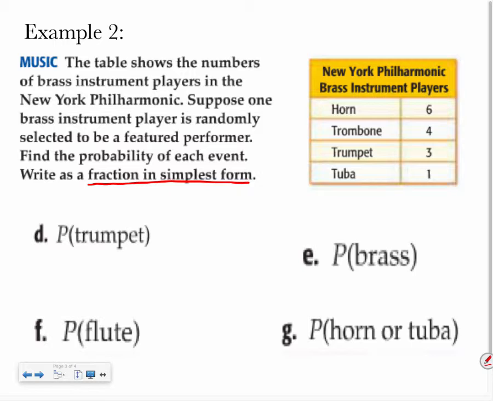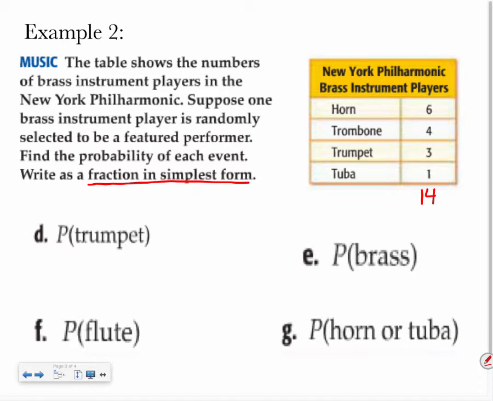So, what's the probability that that one selected person is a trumpet player? Well, let's look. How many people do we have total? We have 6 horn people, 4 trombones, so that's 10, plus 3 trumpet, that brings us up to 13, plus 1 tuba. So we know we have a total of 14 people in the brass section.